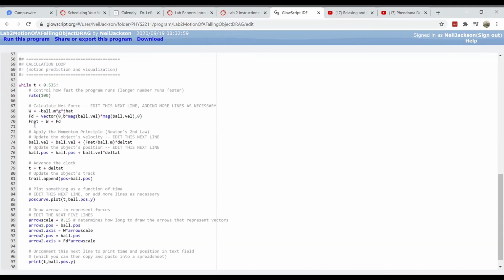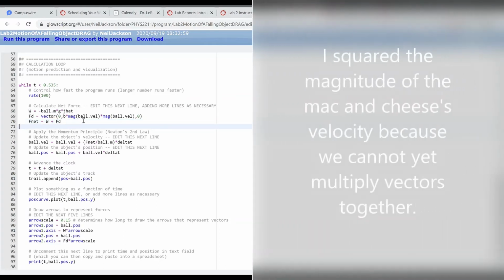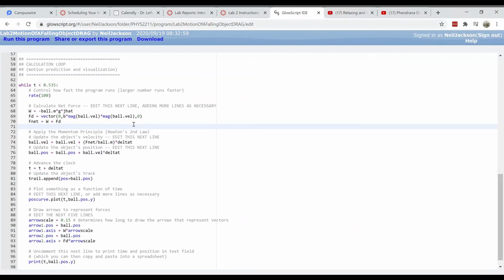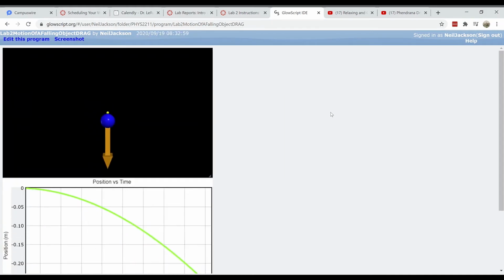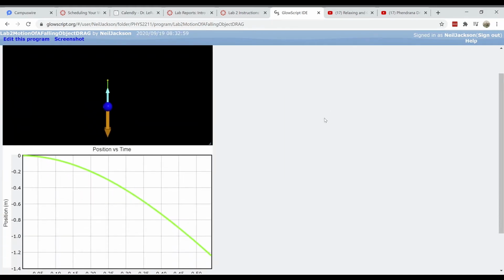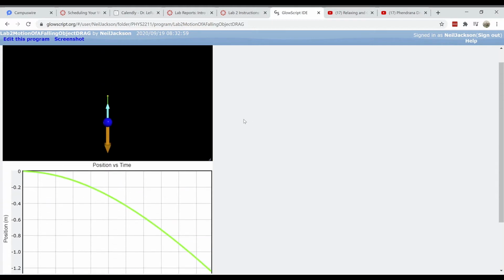And then I made sure my F-net would be my weight force plus the drag force, where the drag force is equal to the magnitude of the ball's velocity squared times my drag coefficient. And I made sure that value was positive so it would counteract gravity. And then my arrow data was exactly the same, and that produces this program. As you can see, it's very much the same, but there's a drag force acting in the upwards direction.